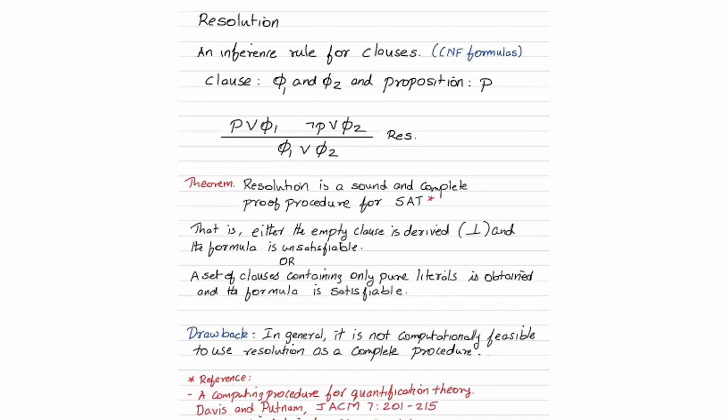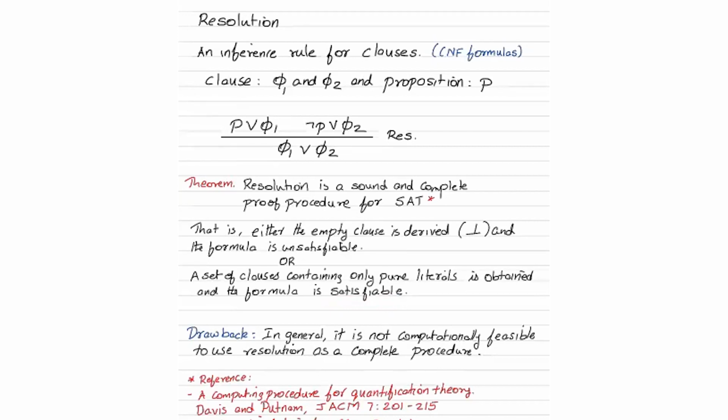If you're able to derive the empty clause, then you can conclude that the formula you started with is unsatisfiable. Or if you end up with just pure literals and you are not able to apply this rule any further, then you can conclude that the formula is satisfiable. So you can show that this one rule is sound and complete for satisfiability.